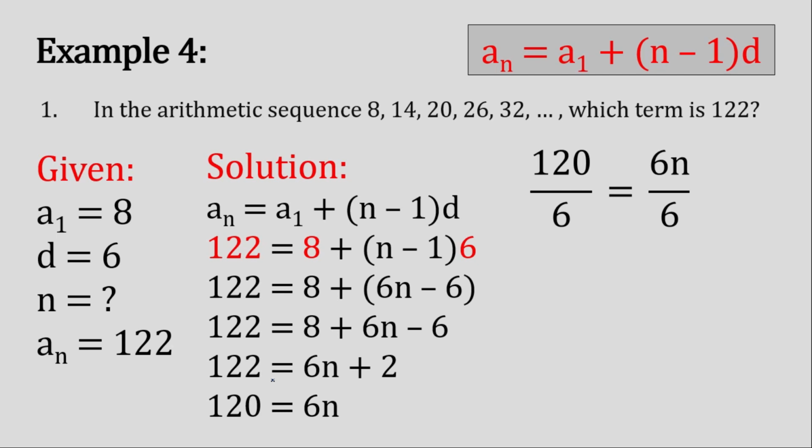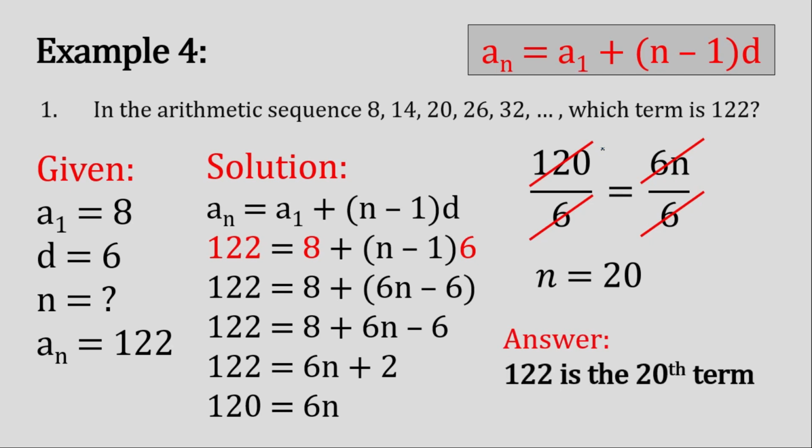Now with that, let's divide both sides by 6 so that n will be singled out. So 6n divided by 6 is equal to 120 divided by 6. So that is n is equal to 20. So therefore, 122 is the 20th term, or a sub 20. So that's the answer for this problem.